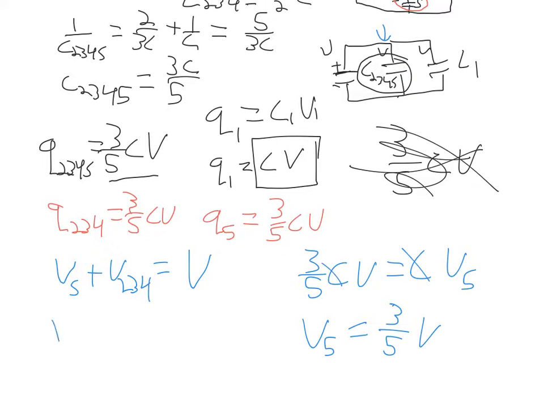What does that mean about V234? Well, that's V minus 3/5 V, and you'd find that that's 2/5 times the overall voltage. Okay? So I'm going to stop here and let you guys try to work at the rest.